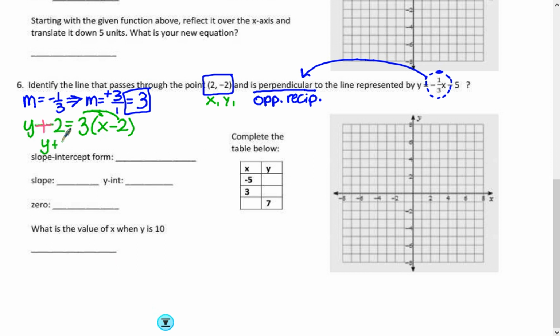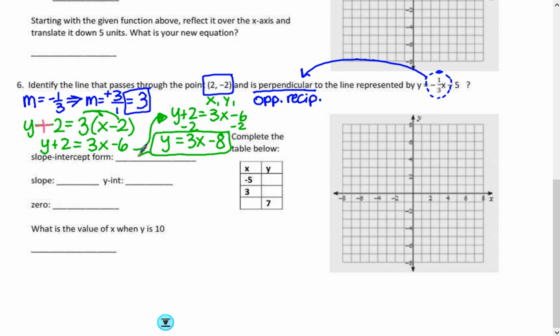So I have y plus 2 equals 3x minus 6. And one last step is going to be to subtract that 2 to the opposite side. So now I'm left with y equals 3x minus 8. So here's this one that goes right here.